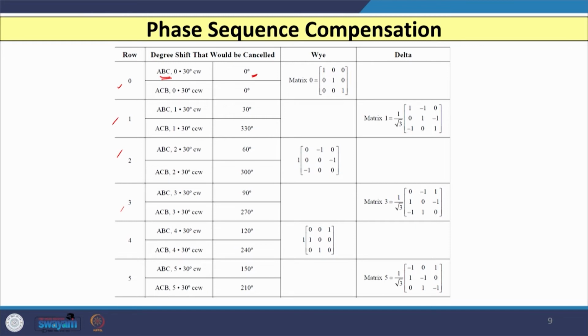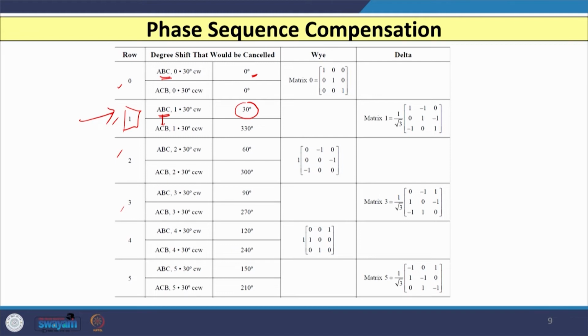So, for example, if I consider the row number 1 in which the phase sequence is let us say ABC, in that case we need 30 degree compensation in clockwise direction, and if we change this phase sequence from ABC to ACB, then we need a 330 degree phase shift in counterclockwise direction.